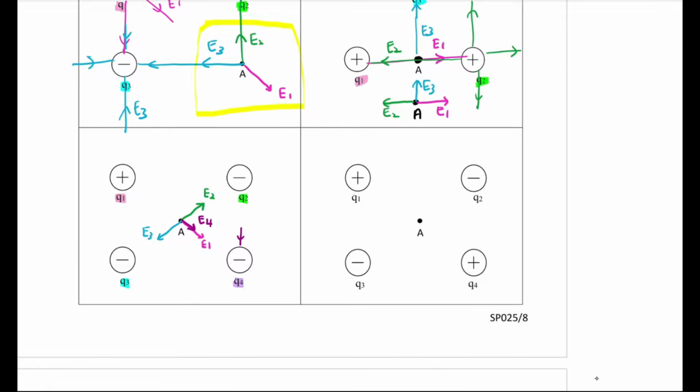Okay. Kenapa ke situ? Sebab kan E4 kan dia macam ni. Dia kan nak masuk macam tu. Sama juga dengan ni Q2. Dia kan nak masuk macam ni. Arrow dia tu. Same goes to E3. Sama juga. E3 pun sama.